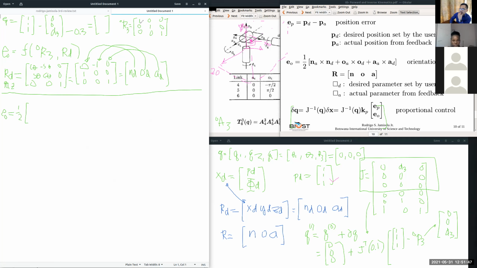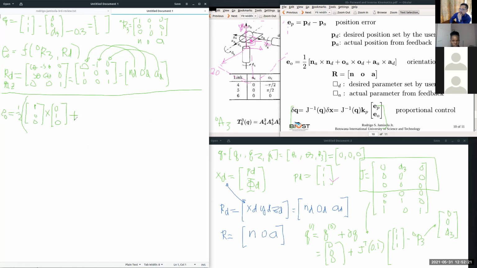The actual N is this one, from NOA. So that's 1, 0, 0, cross with N desired. N desired is this one, 0, 1, 0.